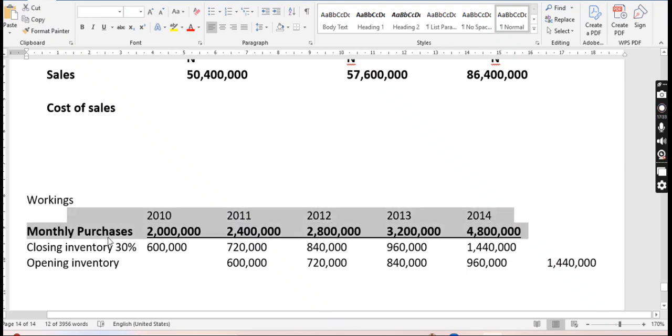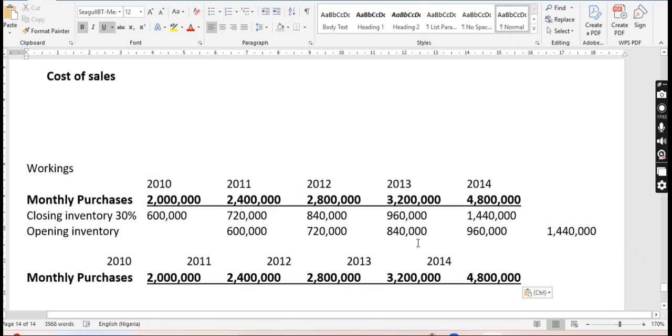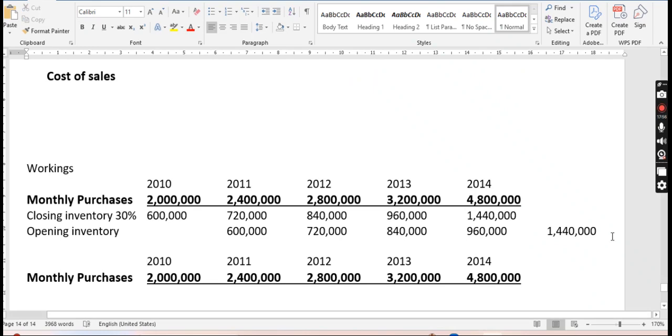Multiply by 12. I don't need to do the workings of that, class. Just multiply by 12. Do we need that? Yes, sir. Okay, I'm done with this part.